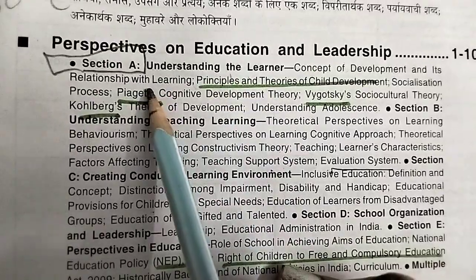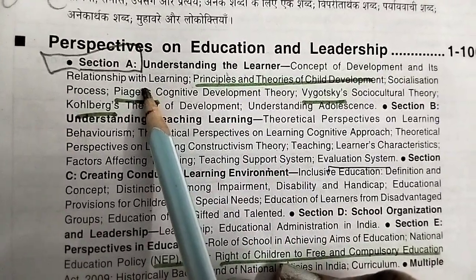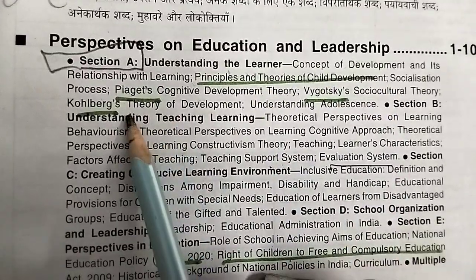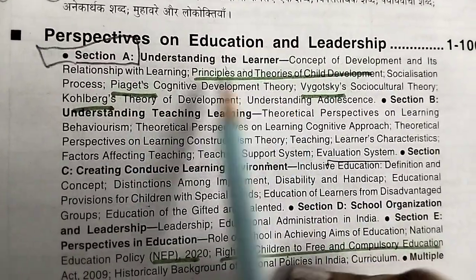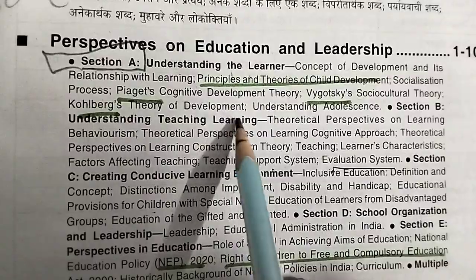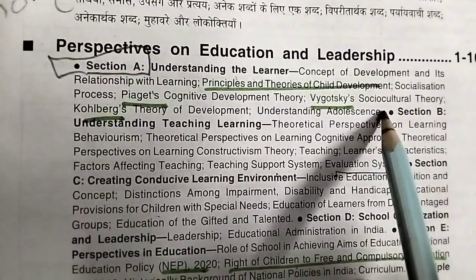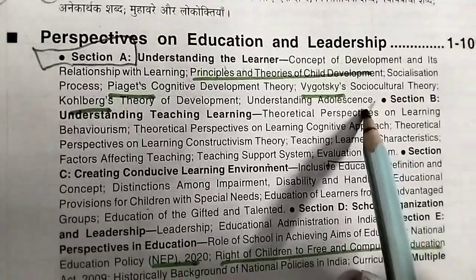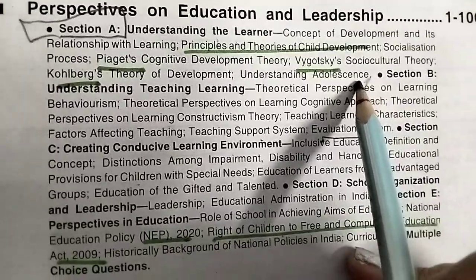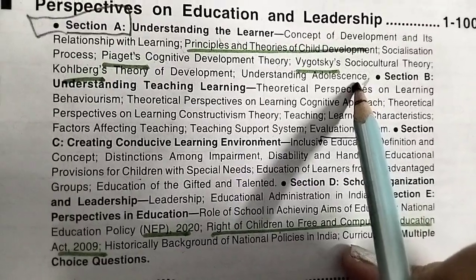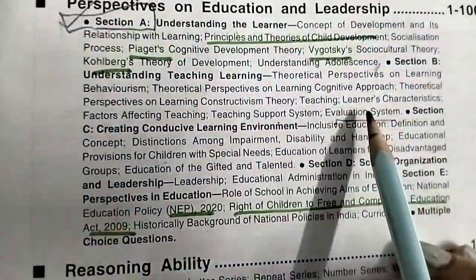All the most important theories, like Piaget, Vygotsky, socialization, Kohlberg's theory. Next, understanding adolescence. Up to here, the syllabus was already covered in the CTET, so for those who qualified, somewhat of the work is almost done. Now let us see what section B is.